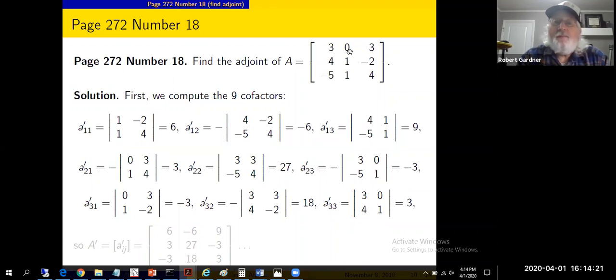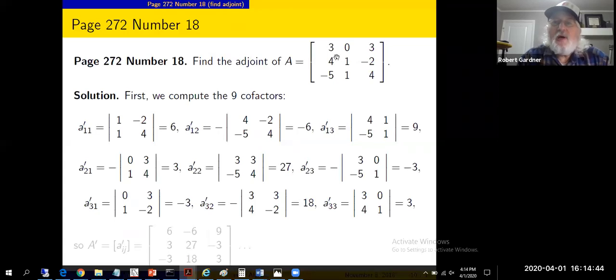Move to the 0. Now we're not calculating determinants, we're calculating adjoints. There's a 0 here. I'm sure all of you appreciate the presence of the zero somewhere in the future, but we still got to compute this cofactor, A sub 1,2 prime. We're doing something a little different from when I was thrilled to see zeros before.